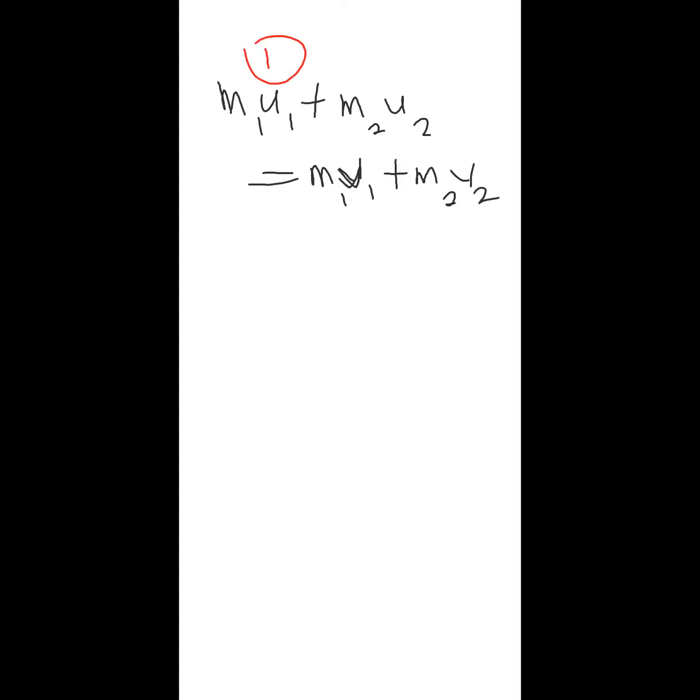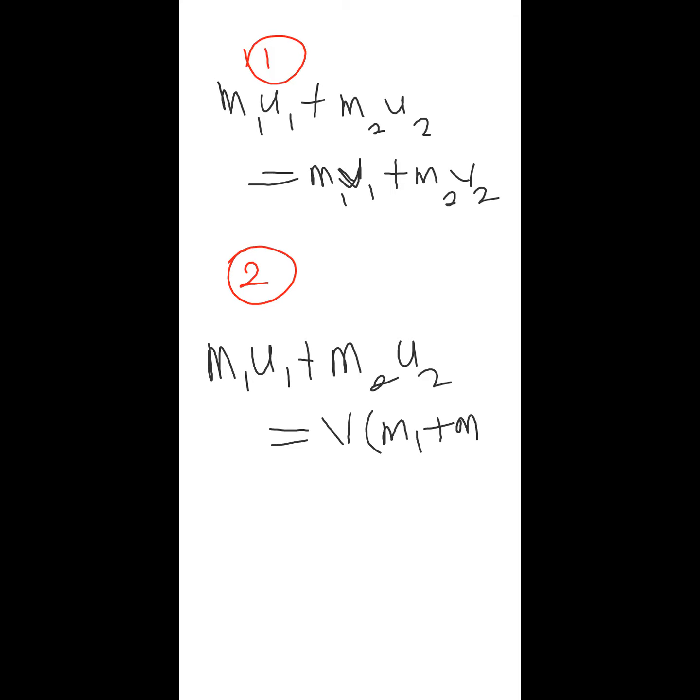Then two, and that will be plus M2. For this one, what it means is that both of them move with the same velocity. So we now cannot say whether they are moving in the direction of M1 or in the direction of M2.